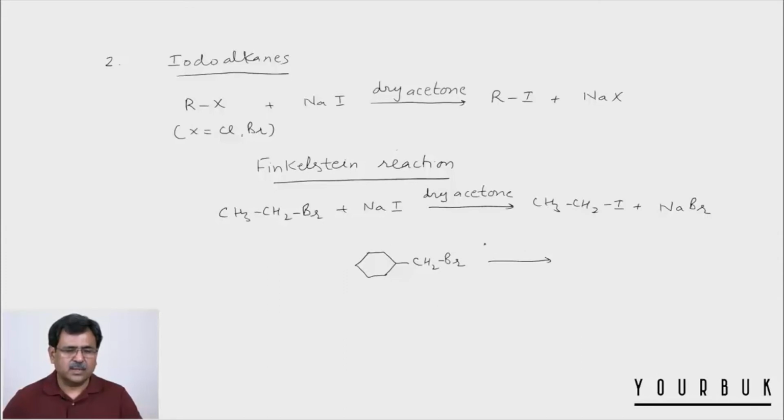So this is a starting alkyl bromide, which on reaction with dry acetone and sodium iodide gives the iodo product. So this is about the Finkelstein reaction.